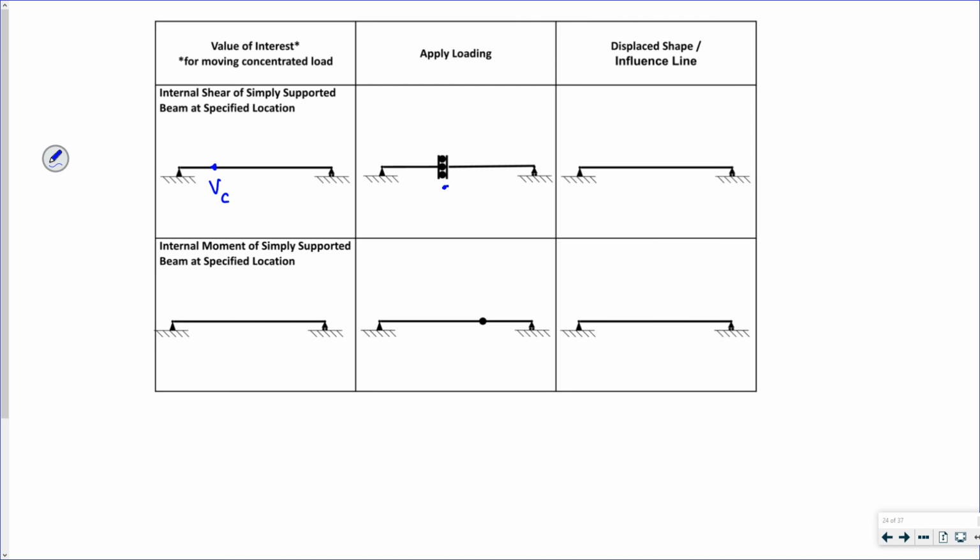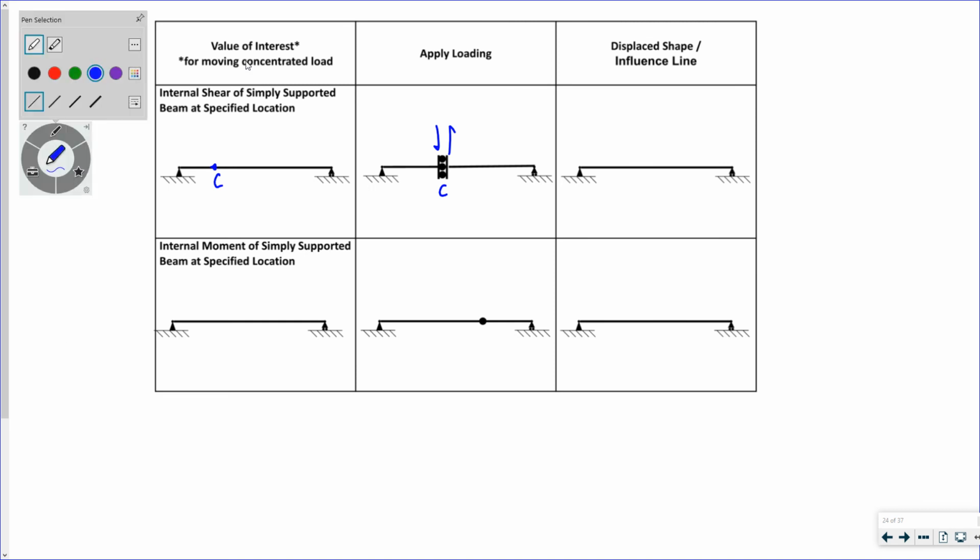This is still the point C. That's C. And I apply a shear.